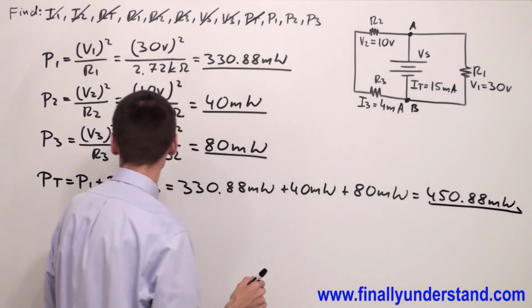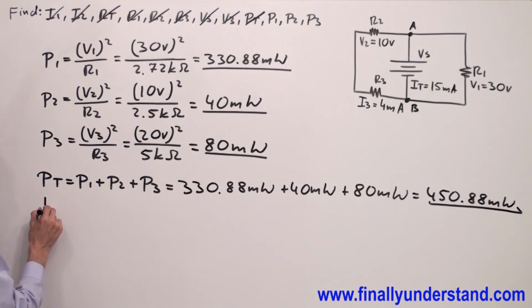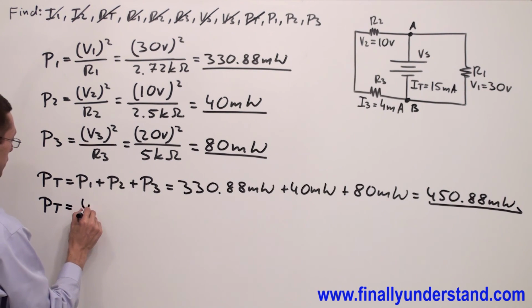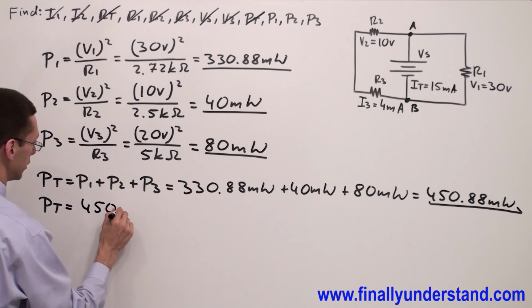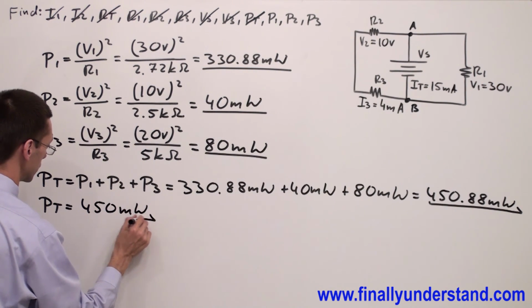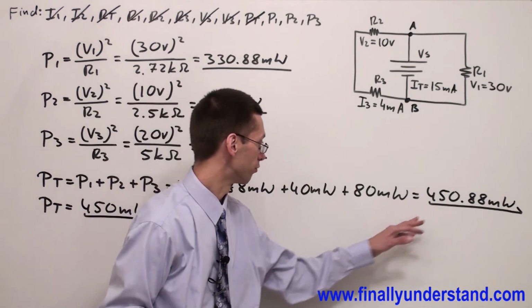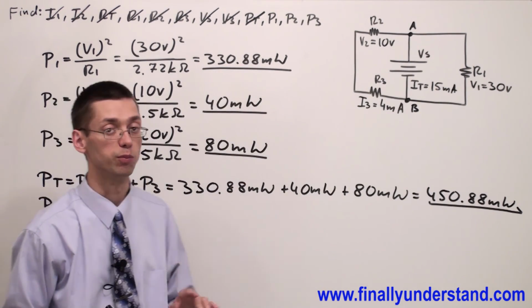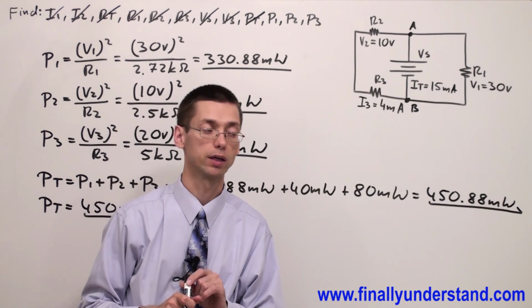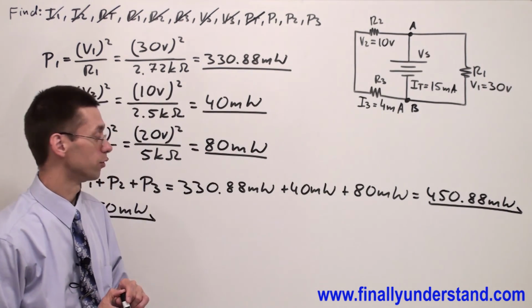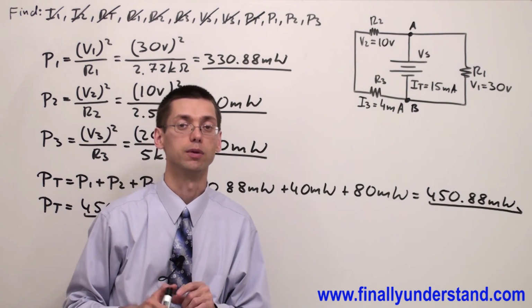Let me remind you that before we got P total equal to 450 milliwatts. As you can see, these two values are very close to each other, so it means that our answers are correct. And I don't know if you realize, but the problem is solved.